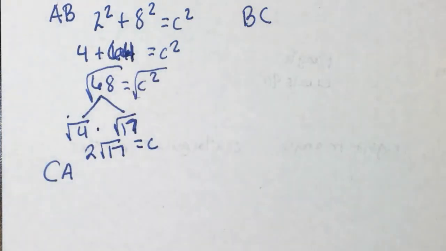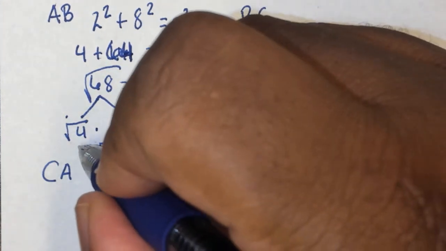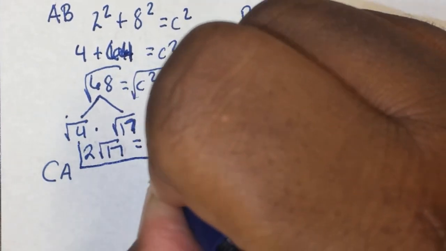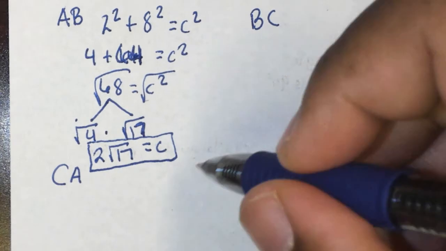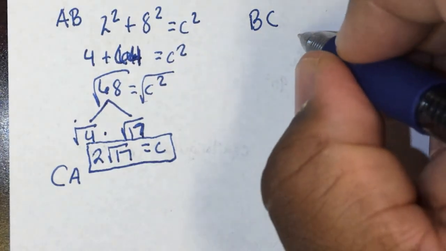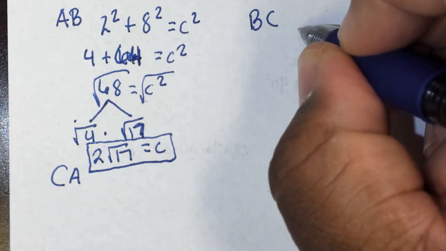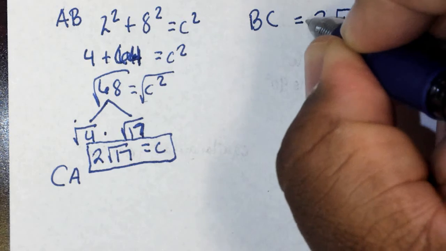Equals C. I'm sorry, I'm running out of space right there, y'all. But hopefully my new people, y'all's teacher taught y'all how to simplify radicals. So this one is 2 square root 17. That means BC is what? Yeah, 2 square root 17. So BC equals 2 square root 17.